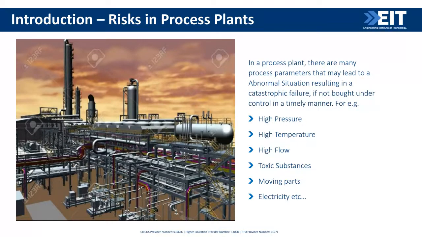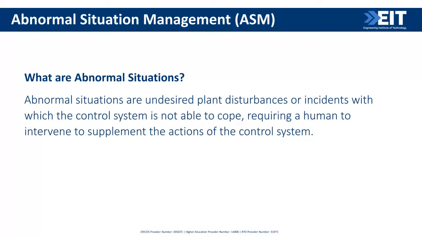So with that, let me give you a description of what an abnormal situation is, right? Abnormal situations are undesired plant disturbances or incidents with which the control system is not able to cope, requiring a human to intervene to supplement the action of the control system.